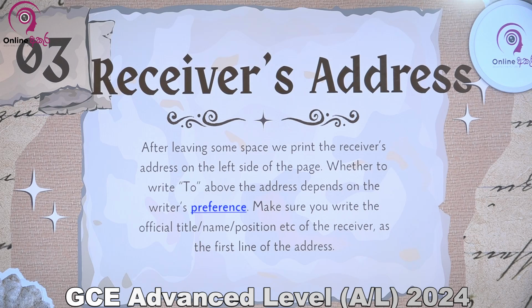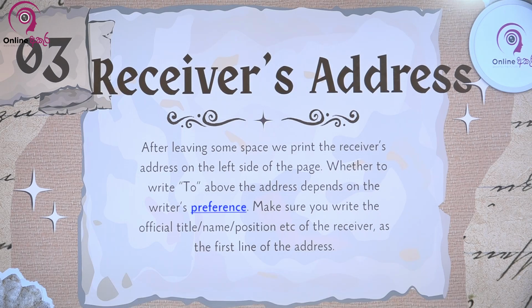Now if you take a university, if you want to write a letter to the finance department, but of course the finance department will not have a specific address. So their address would be the common or general address of that particular university.